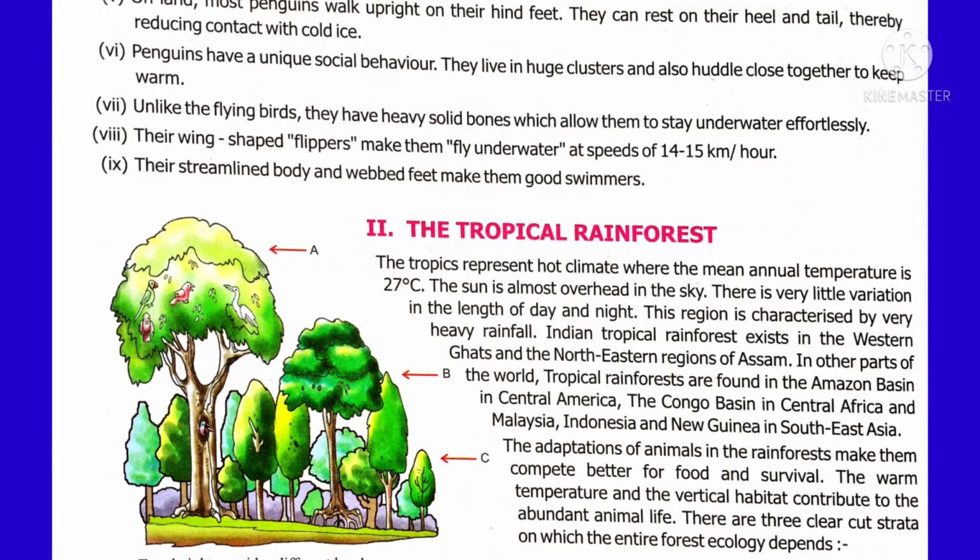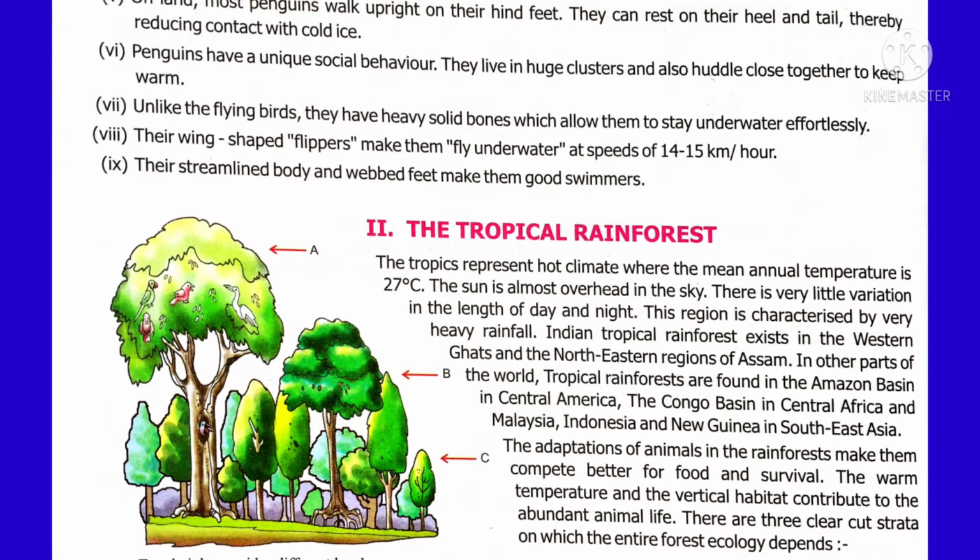They also have heavy solid bones which allow them to stay underwater effortlessly. Their flippers make them fly underwater at a speed of 14 to 15 km per hour. They have webbed feet and a streamlined body which help them to swim in water.